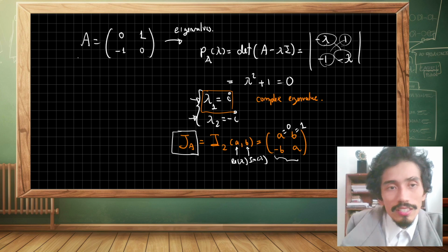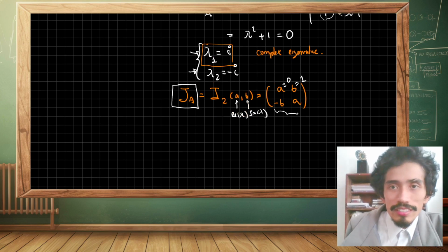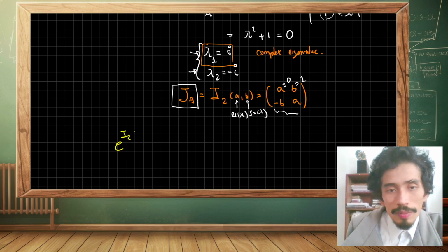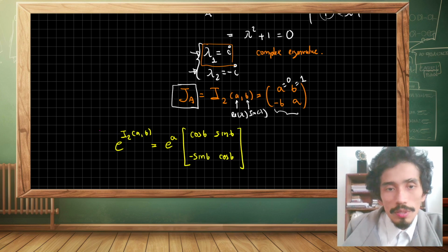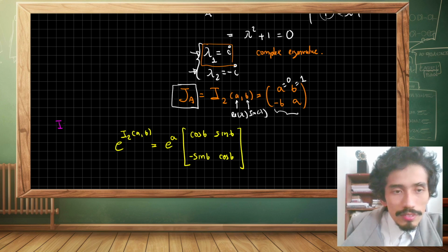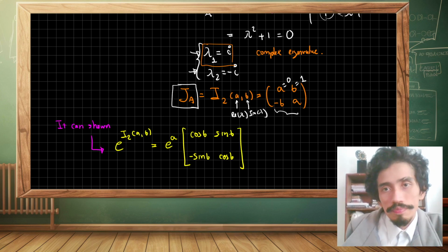This matrix is already written in its Jordan form, and it can be proved that the exponential of the matrix is equal to, so this is a proven property. It can be shown that this holds.